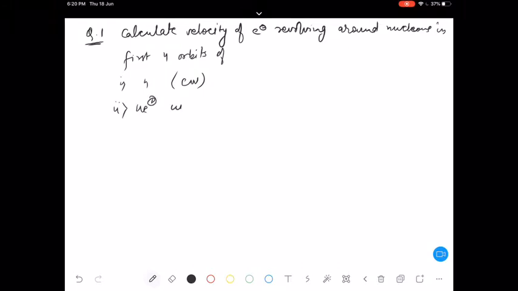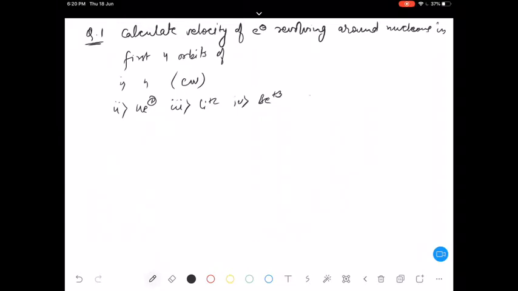Second, helium positive, lithium dipositive, beryllium tripositive. This will be your homework.